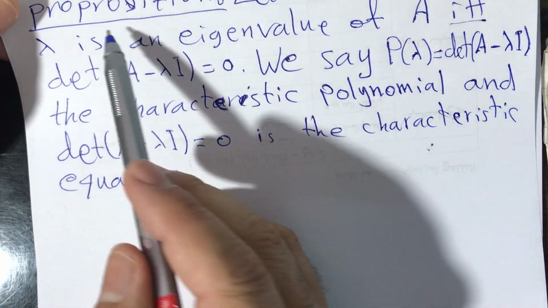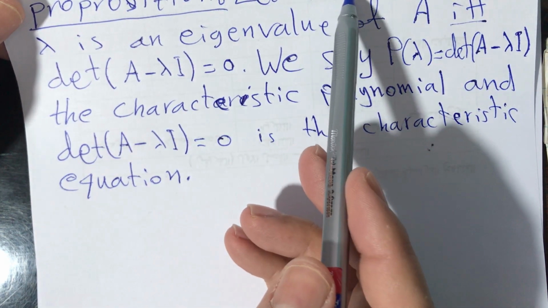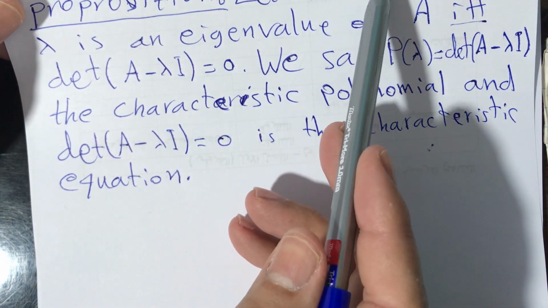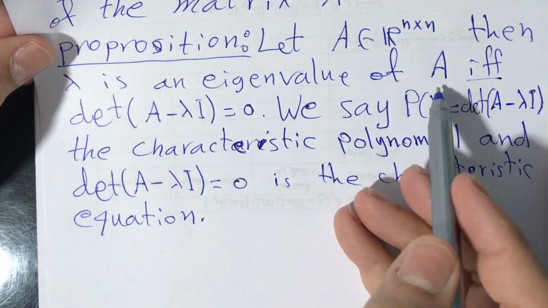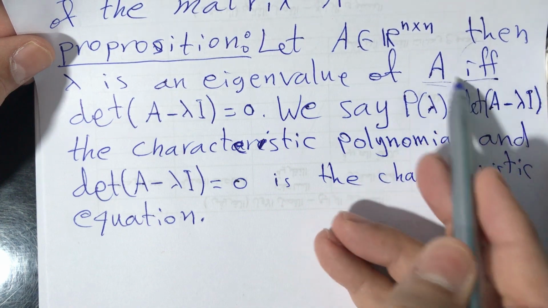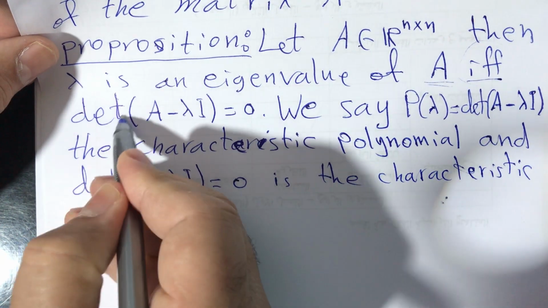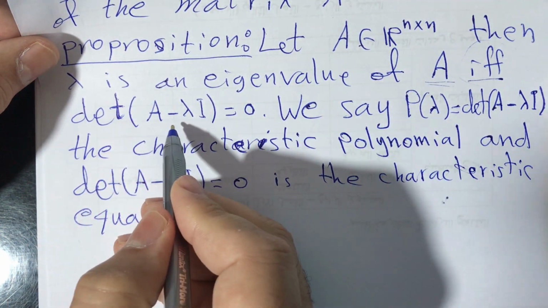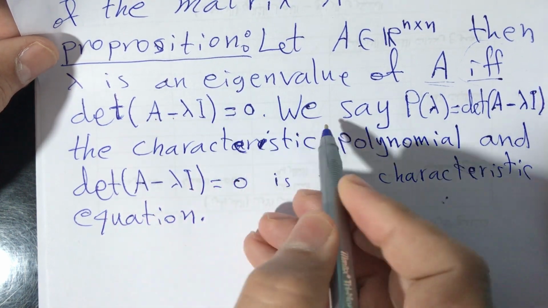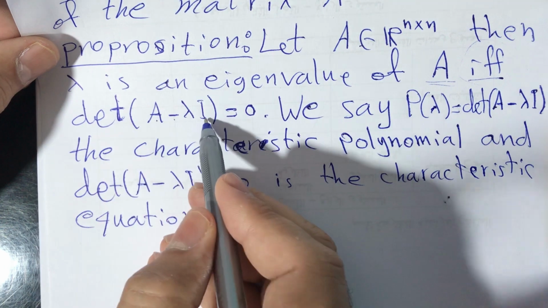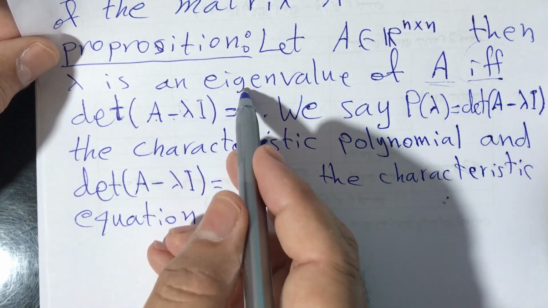See, this is the proposition. Let A belong to R n times n, then lambda is an eigenvalue of A if and only if the determinant of A minus lambda I equals 0.